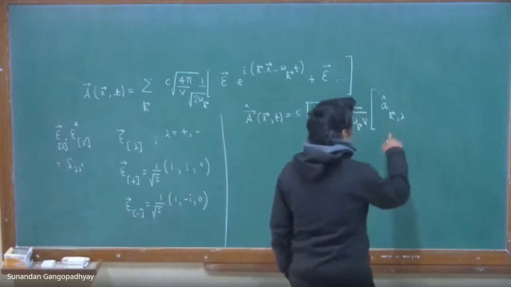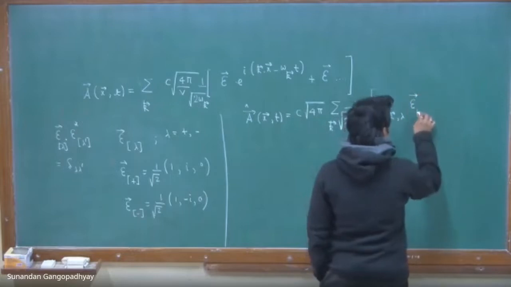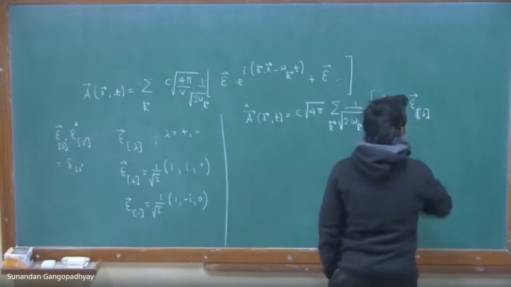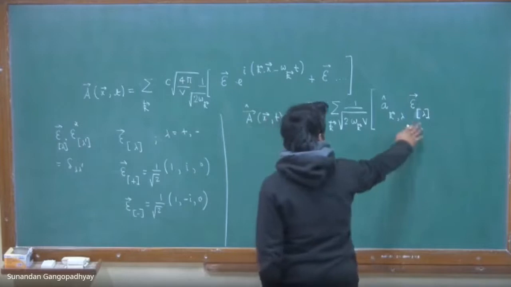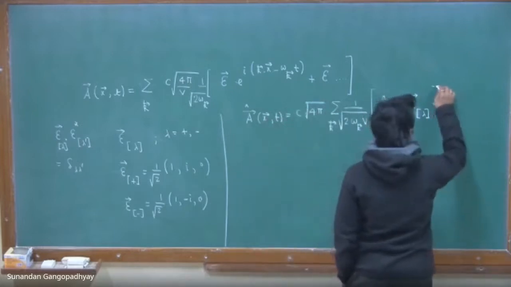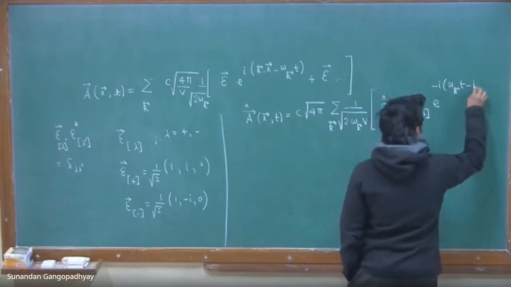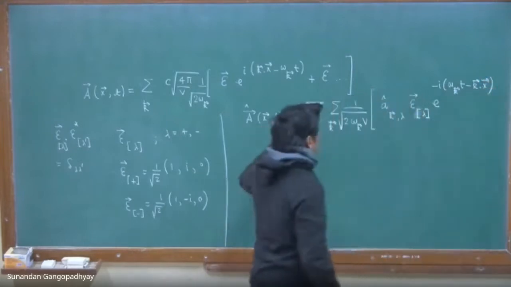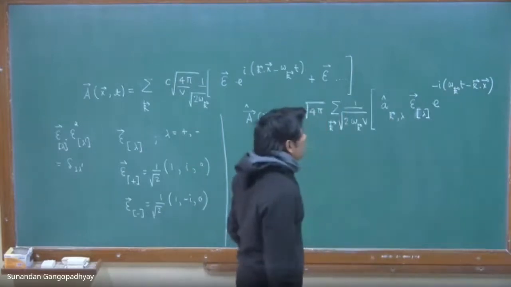So this is a hat k vector lambda, and then we have epsilon vector lambda, which will also be there, and now you have e to the power minus i(omega_k t minus k vector dot x vector). So this is an electromagnetic wave which is propagating along the direction n cap.